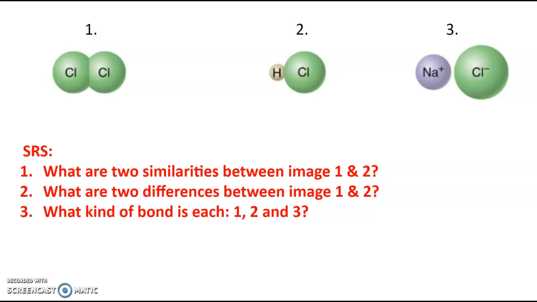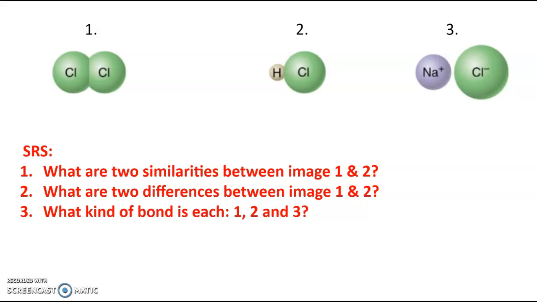Alrighty, so two similarities between images 1 and 2. They both have chlorine, so that's something that you could say. You could also say that the atoms are depicted as touching in 1 and 2, and they're not depicted as touching in 3, so maybe that's significant.